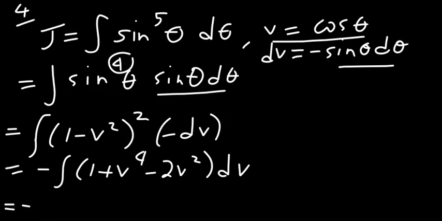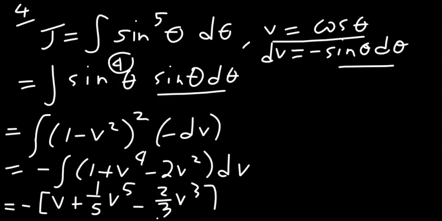And this we know how to do. Integrate 1 with respect to v is just v. Integrate v to the power of 4 is 1/5 v to the power of 5. Integrating v squared, you get 1/3 v to the power of 3 plus an integration constant.